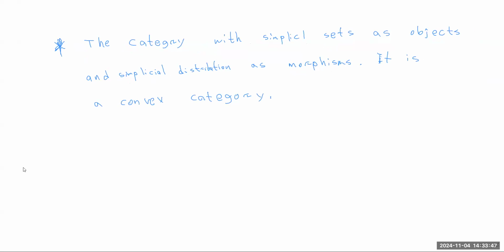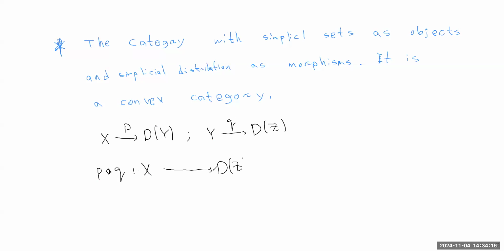If we have X to DY with p, and Y to DZ with q, the composition from X to DZ goes by p, then applies D on q in order to go to DDZ, and then applies mu.